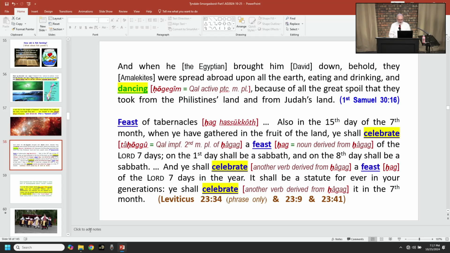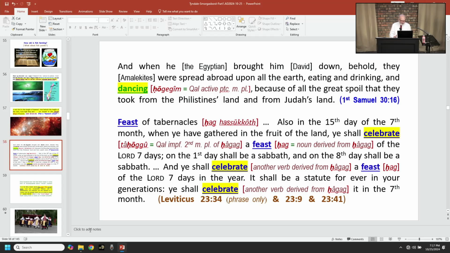So we have a bunch of Amalekites who are celebrating. Remember celebrate? And they're celebrating because they got a bunch of stuff from their military activities. And the word that is used for them dancing is hogagim, which is an active participle that is translated dancing.